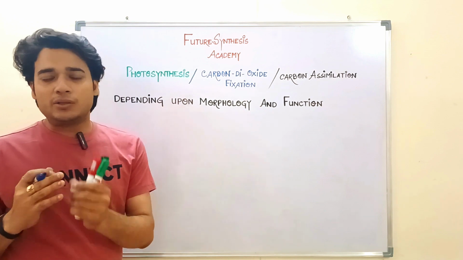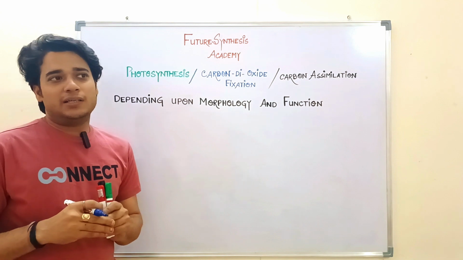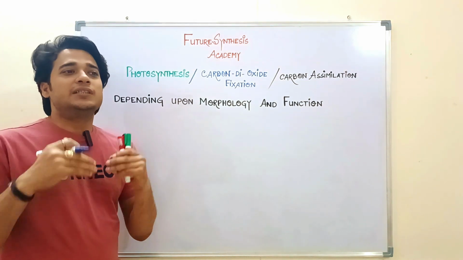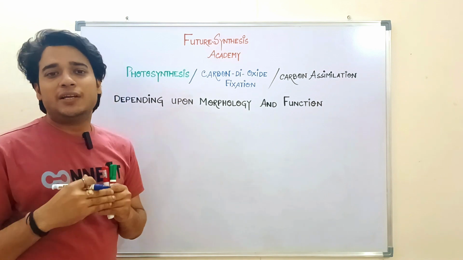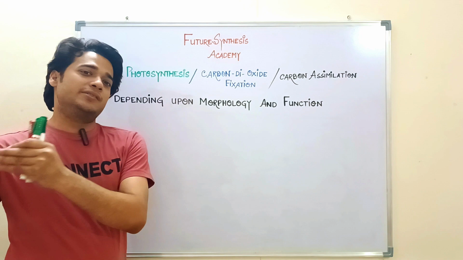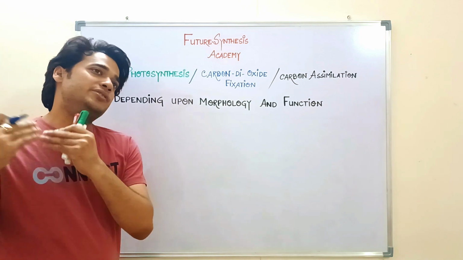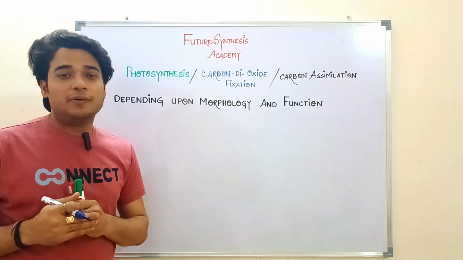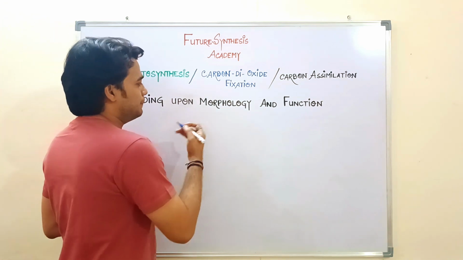I had already talked about the existence of the chloroplast, and in that I discussed the serial endosymbiotic theory, in which the existence of the chloroplast was very much related to the cyanobacteria, gram-negative bacteria, and the existence of the mitochondria was basically related to the ancestor of pre-mitochondrion, which was an aerobic alpha proteobacteria. So in today's video, I will be basically discussing plastid.